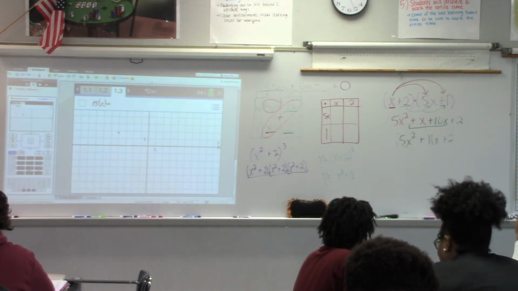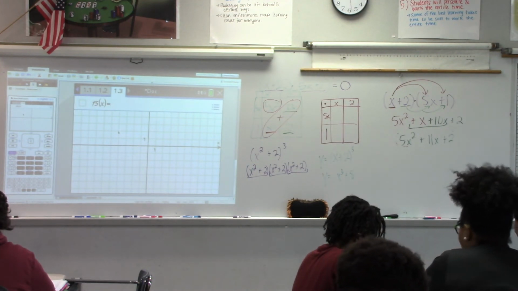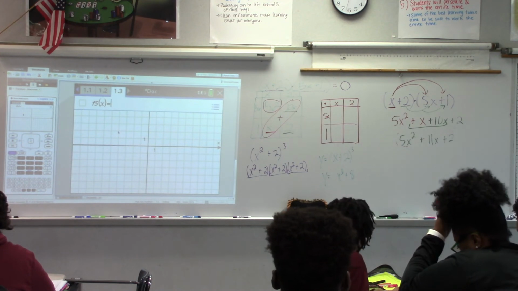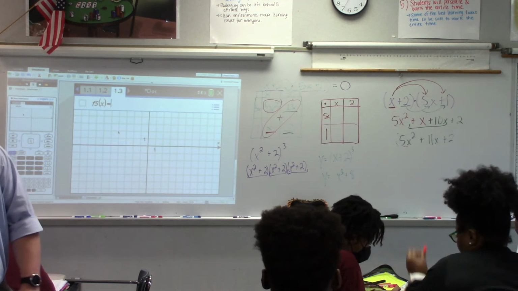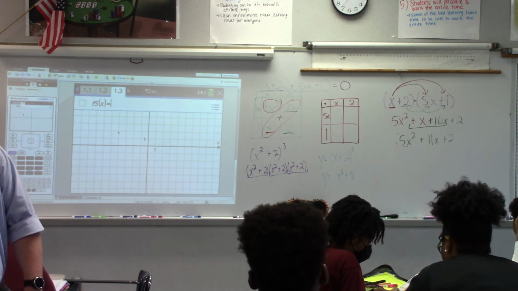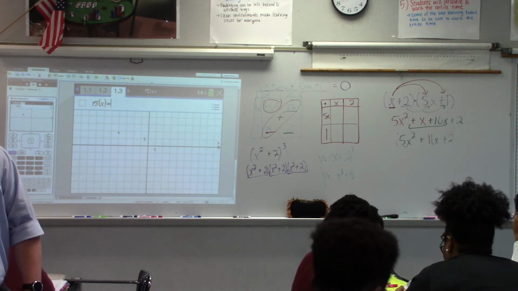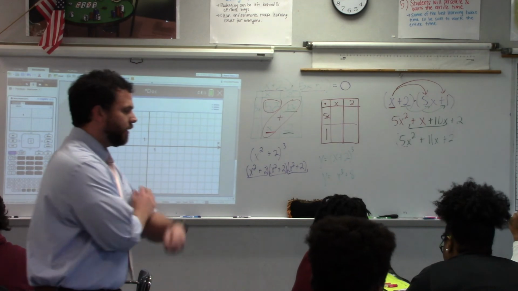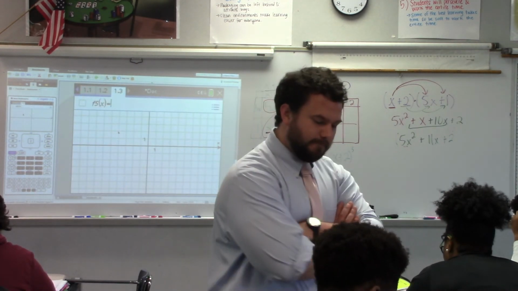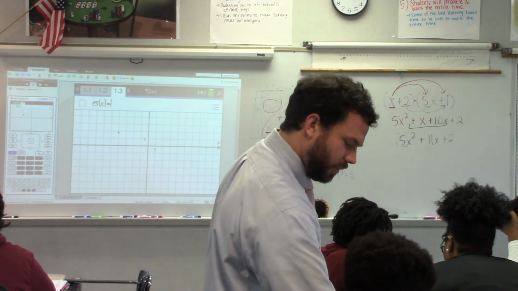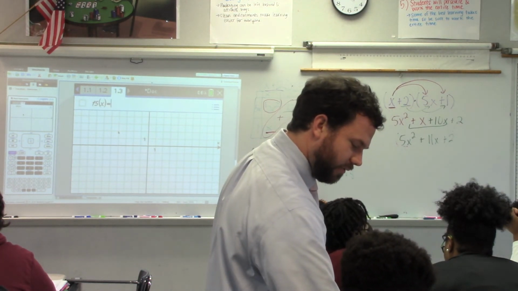Where's your graph? You haven't even checked. If you go to menu and go to Window/Zoom, Zoom Standard. Okay, so graph those two functions in there. Wait, no. x plus 2 cubed and x cubed plus 8.